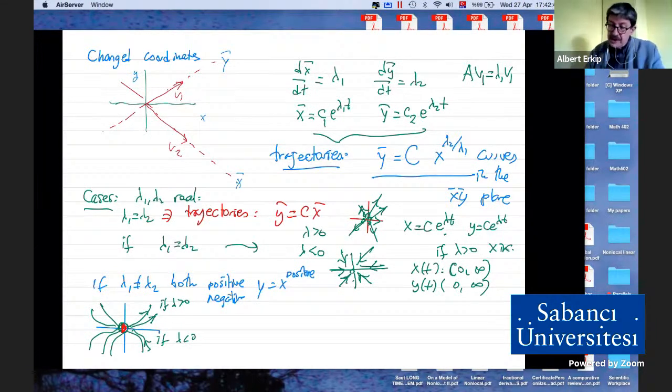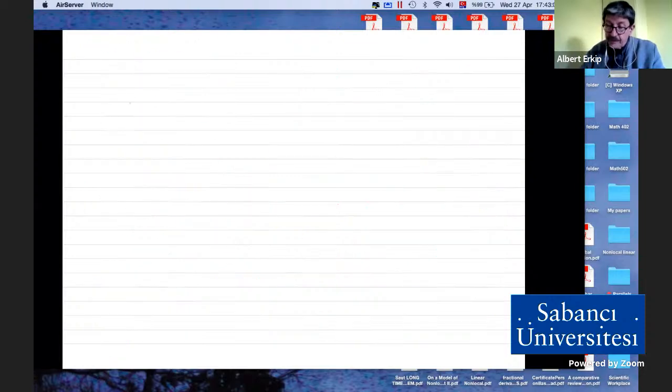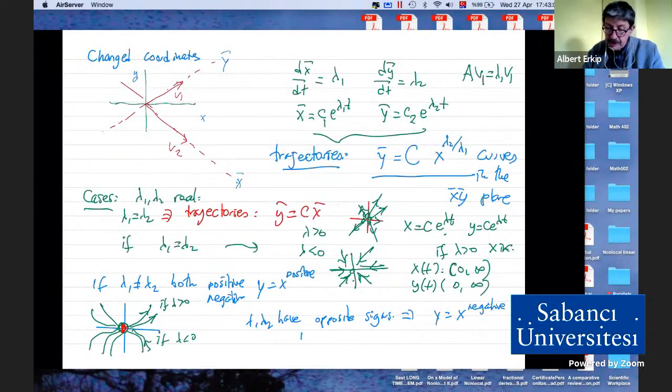So the third case was lambda 1, lambda 2 have opposite signs. Then I get y equals x to some negative power. If you want to look at the pictures, this is x, this is y.